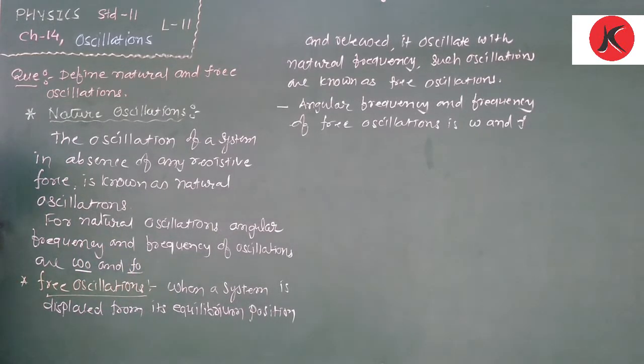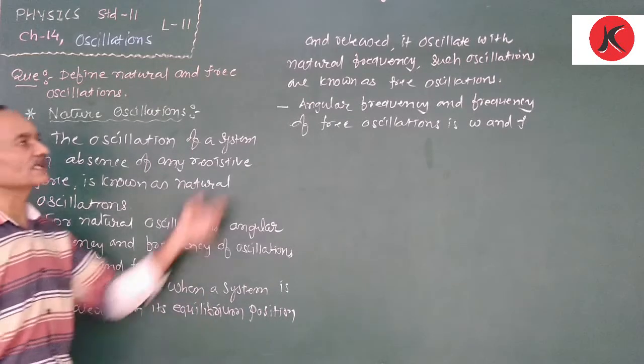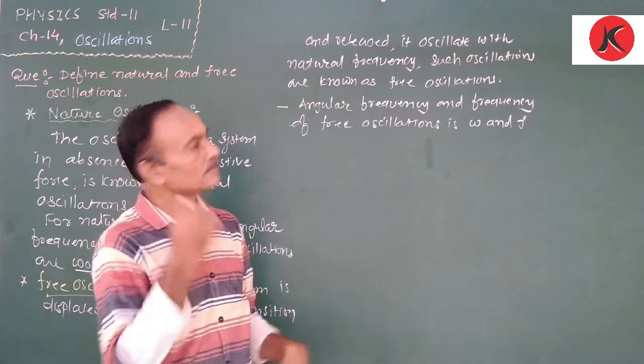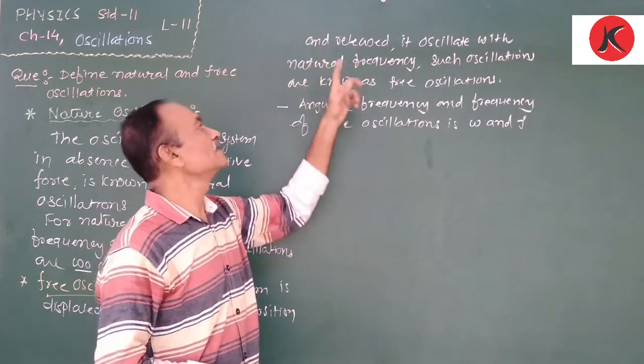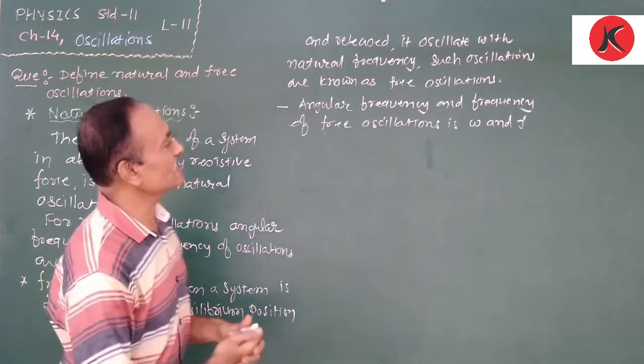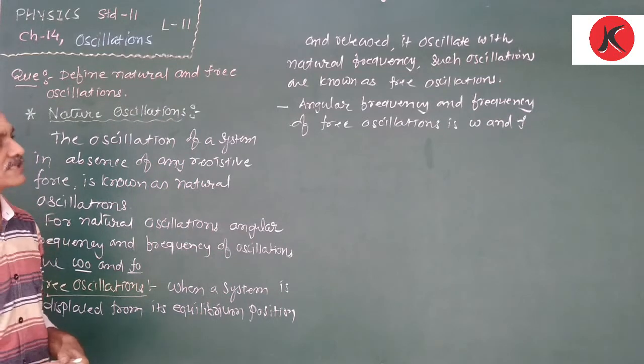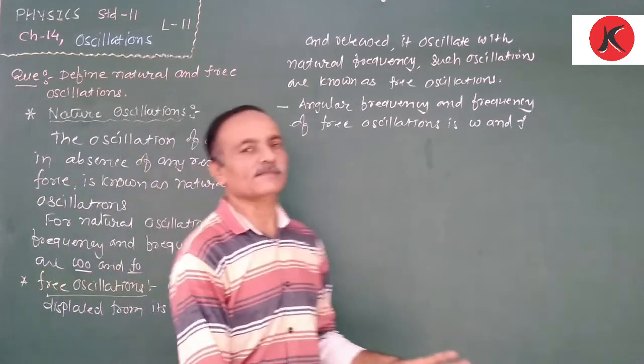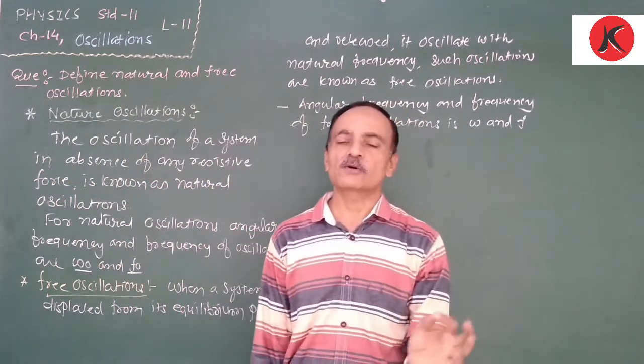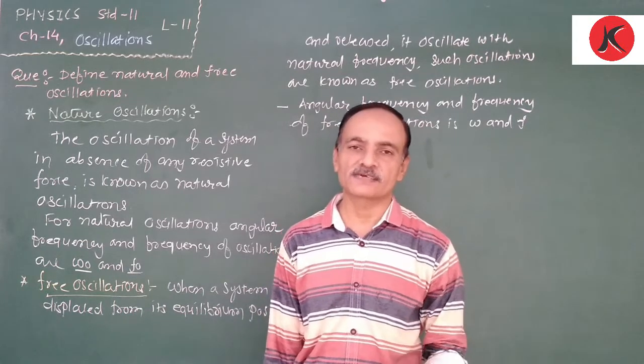Now what is free oscillation? When a system is displaced from its equilibrium position and released, it oscillates with the natural frequency, and such oscillations are known as free oscillation. Any system, in the beginning, starts oscillating with the natural frequency.